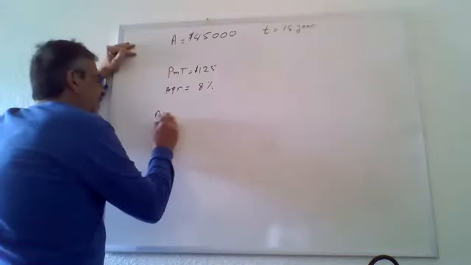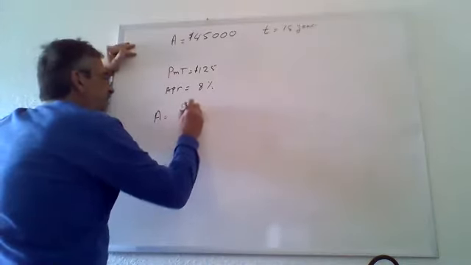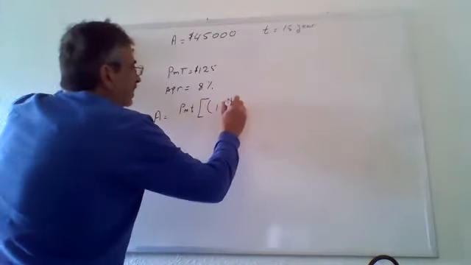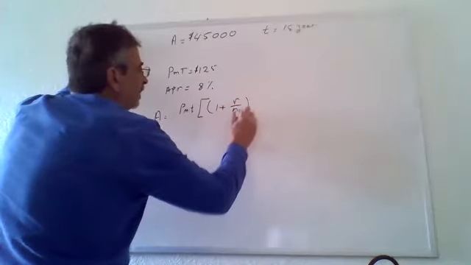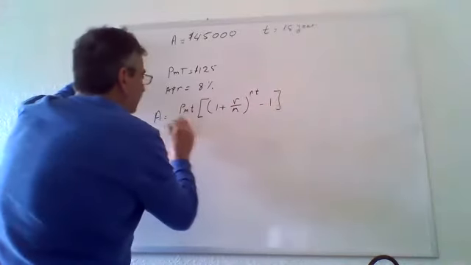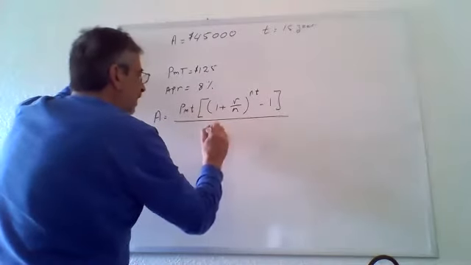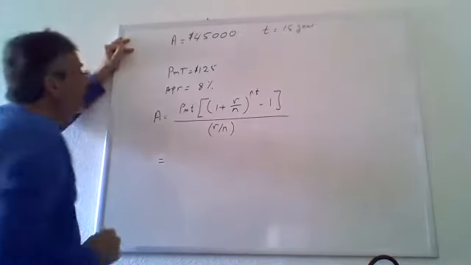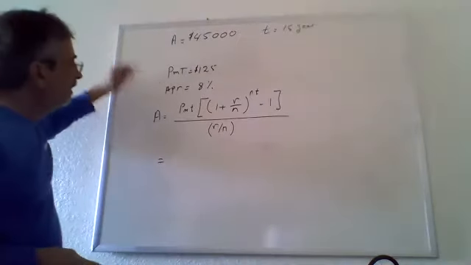A equals the payment times (1 plus R over N) to the power NT, minus 1, divided by R over N. So now, let's put in the amounts.